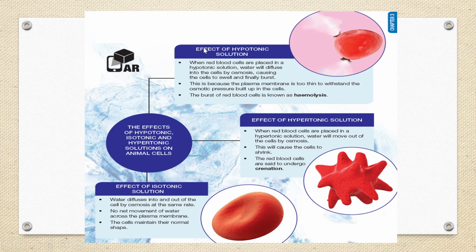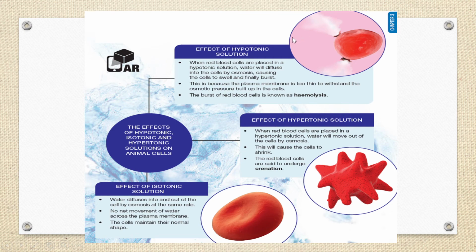Okay, the effect of hypotonic solution. So imagine these red blood cells placed in a hypotonic solution. That means now we are comparing the intracellular fluid and the extracellular fluid. In this case, the red blood cells are surrounded by hypotonic solution. So the red blood cells are hypertonic to the extracellular solution, which is hypotonic.